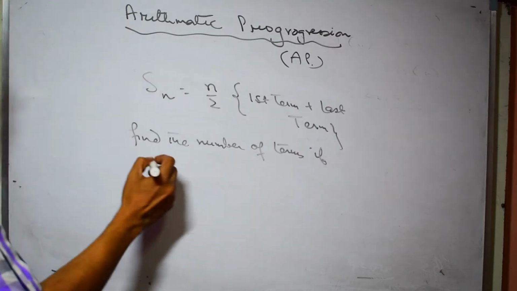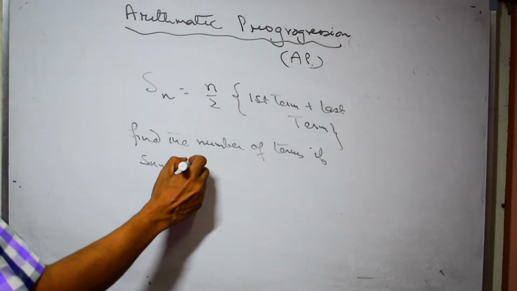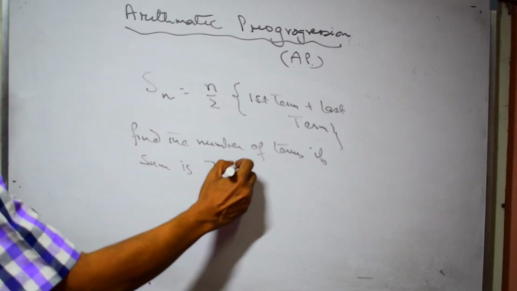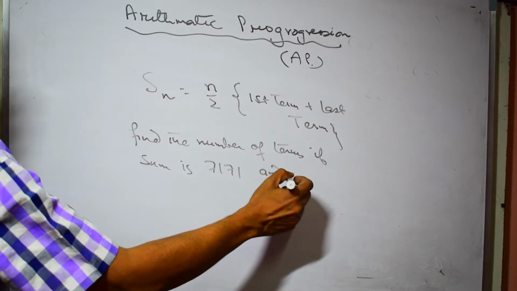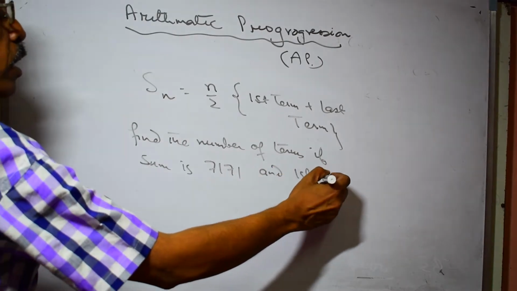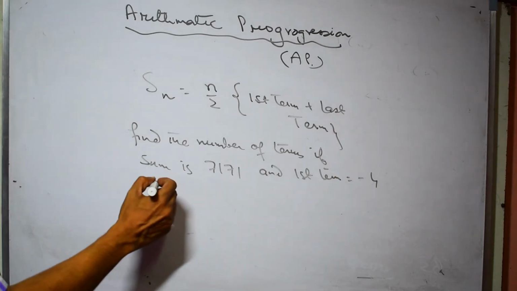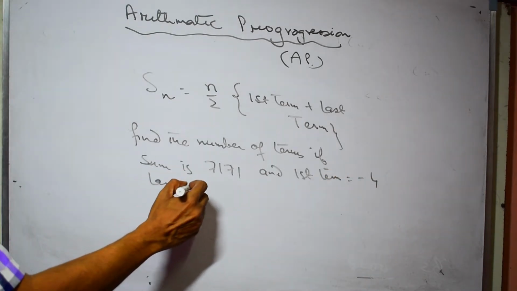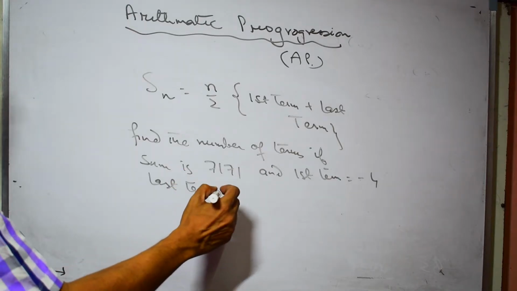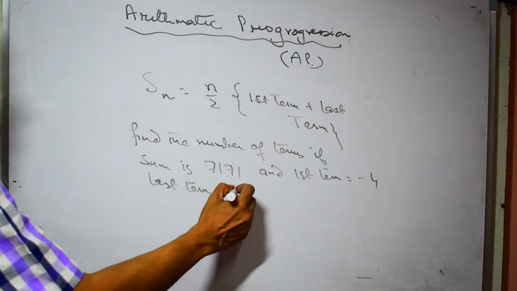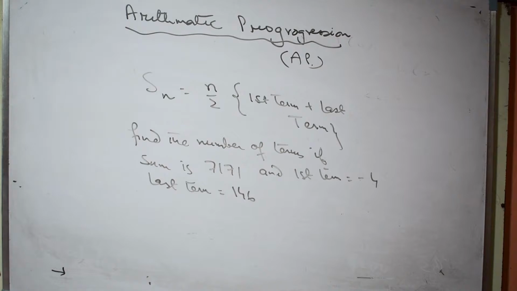If the sum is 7171, the first term is minus 4, and the last term is 146, this is the question.